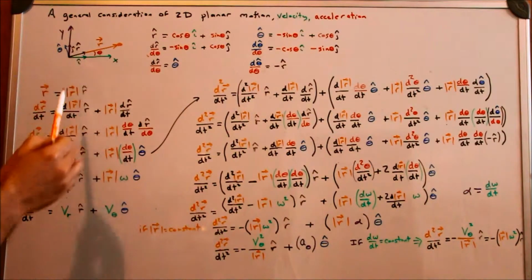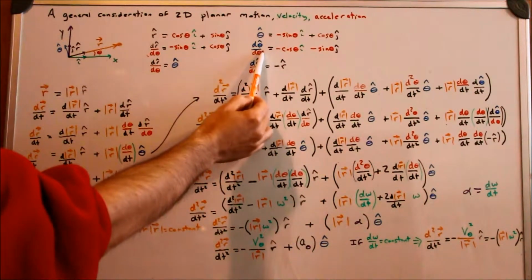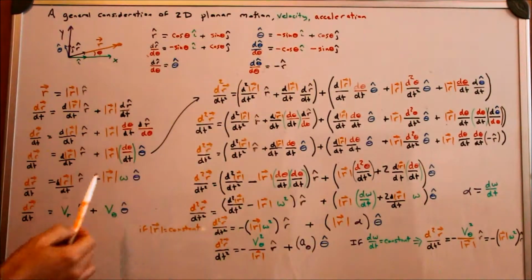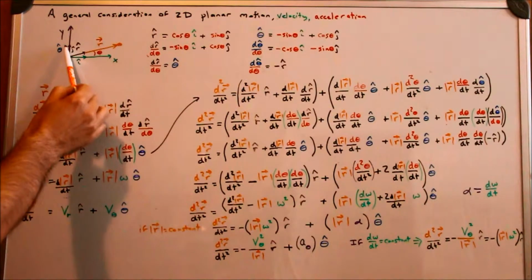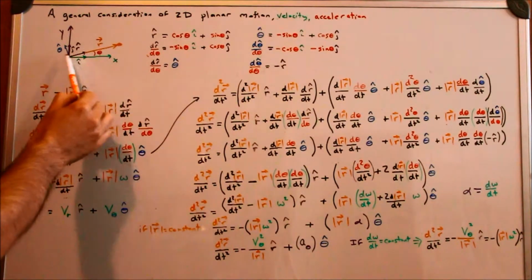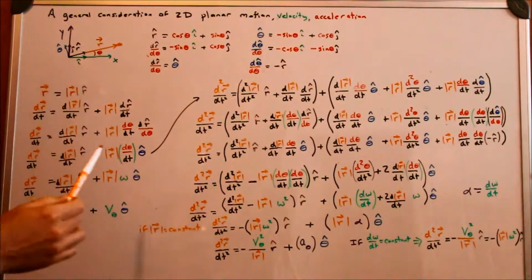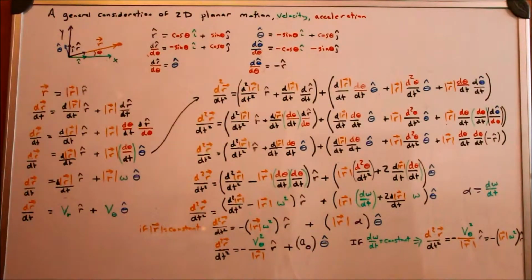You can kind of envision that as well. And then again here, the d theta hat d theta, this term is minus r hat. So if this changes in theta, well, that has a minus r hat directionality to it. So that's not surprising. These are really not surprising observations.